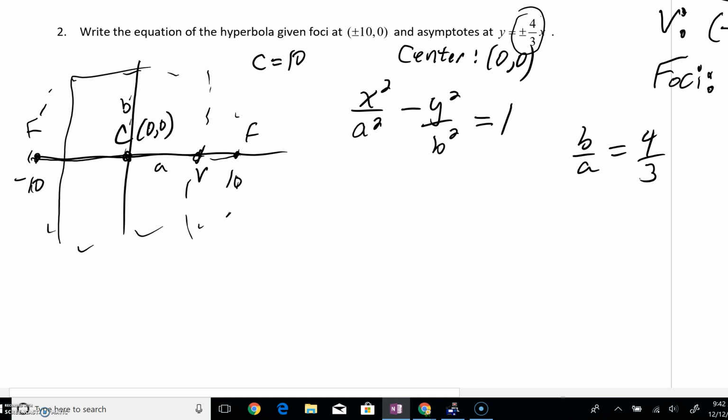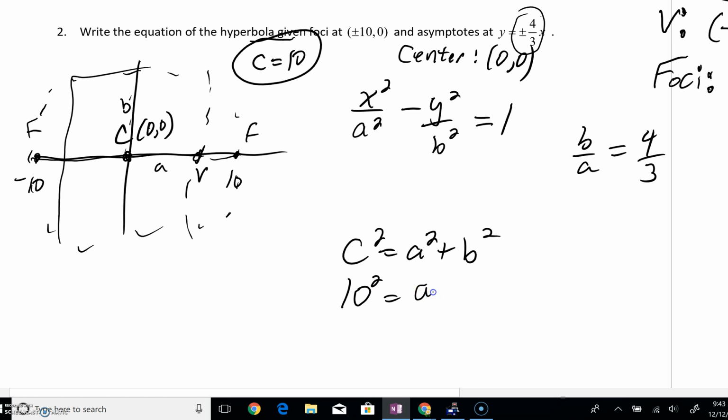But then you think, how in the world can we know what B over A is if we weren't reducing it? There's a reason why they gave you the foci. C squared is A squared plus B squared. And we could say 10 squared is equal to A squared plus B squared. So I have 100 is equal to A squared plus B squared.